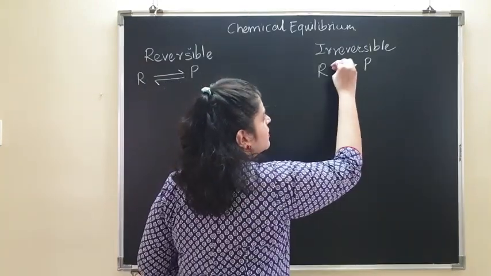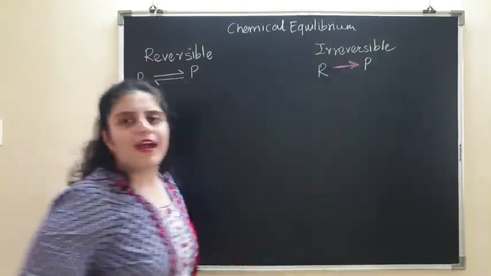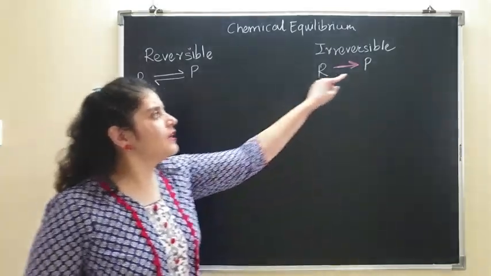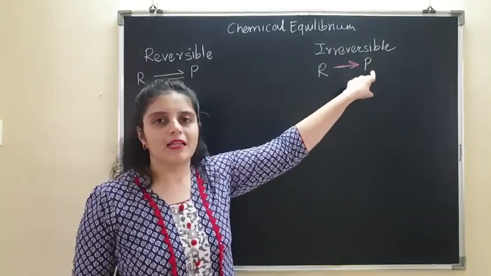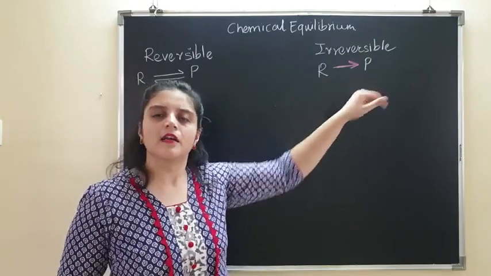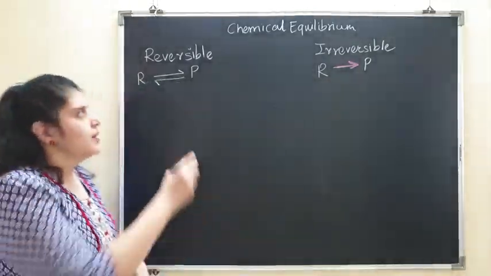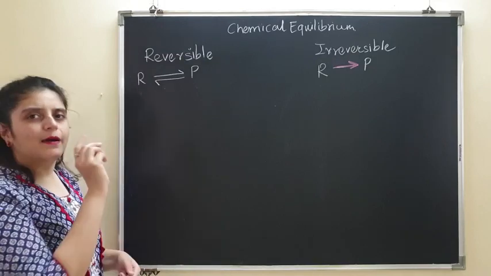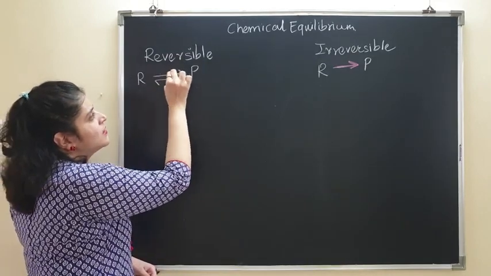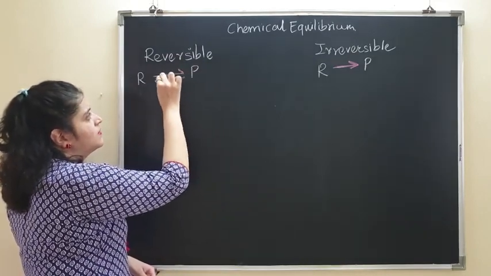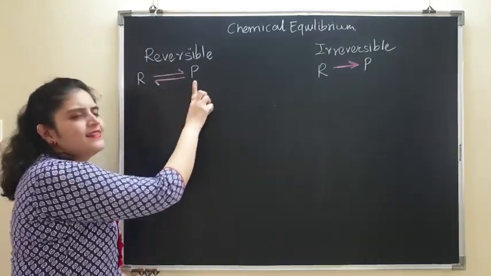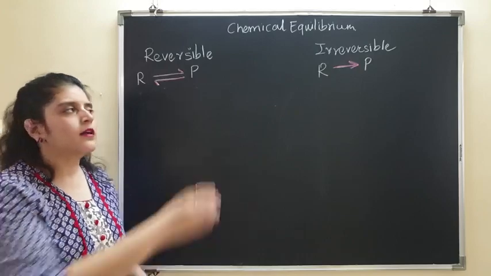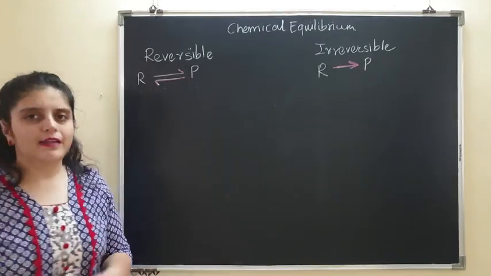Here we are using a single-headed and unidirectional arrow which is pointing towards only the product, which means reactants to products is the conversion. But here we are using the double-headed arrow like this. So the meaning is, when reactant is forming product, product will also give the reactant back.